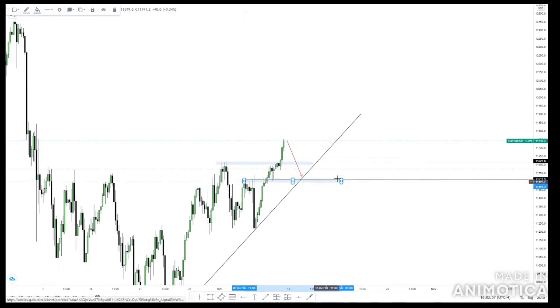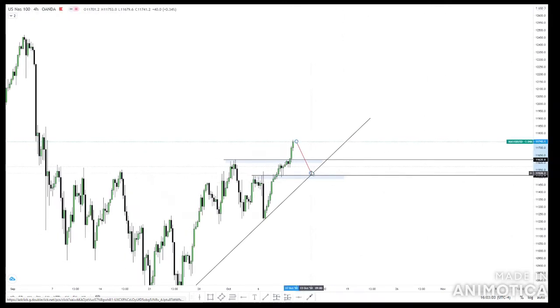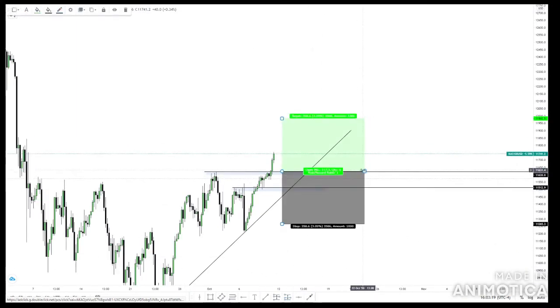So if you're looking to buy Nas, rather wait for price to push lower, either at this zone right here or this previous resistance and trend line, and then you can possibly see further upside.